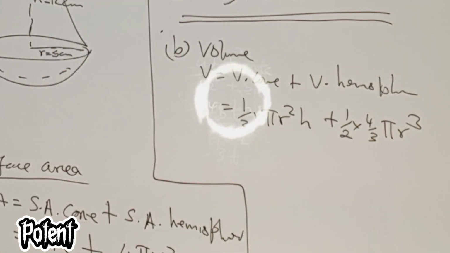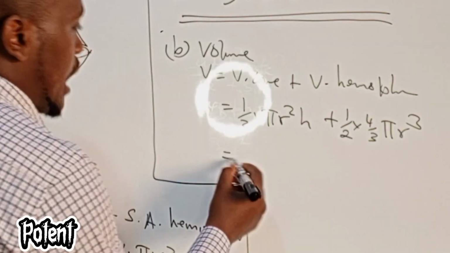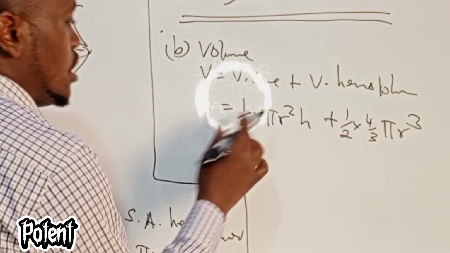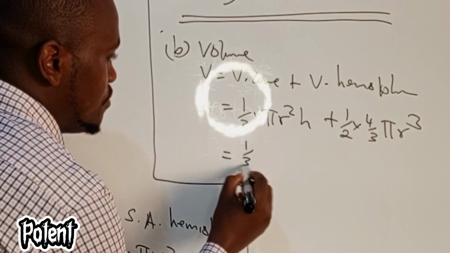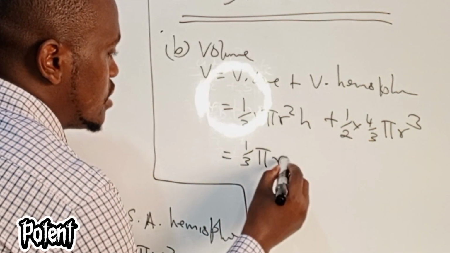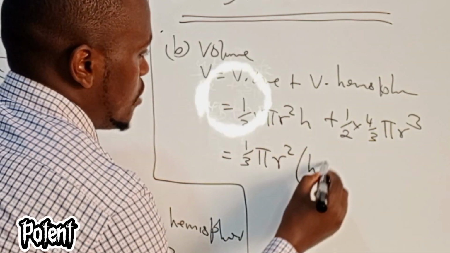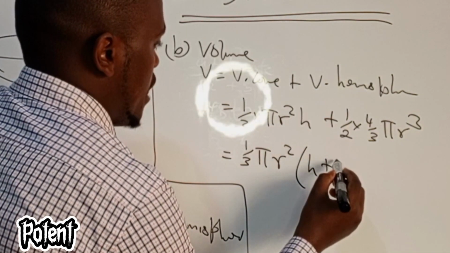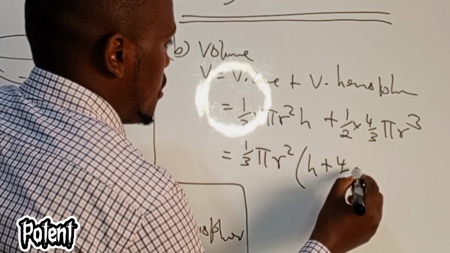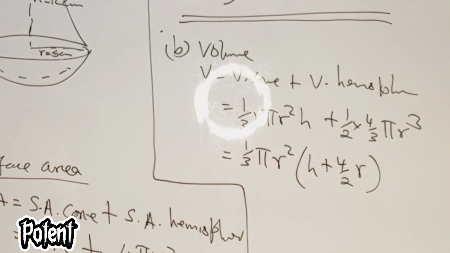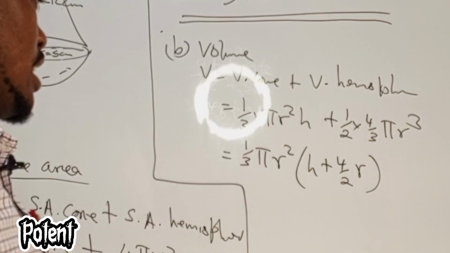Now, you can factor out what you have as common. First you have 1/3 pi r squared, and then you factor out, you have h plus 2 r. So if you solve this, you are going to get the answer.